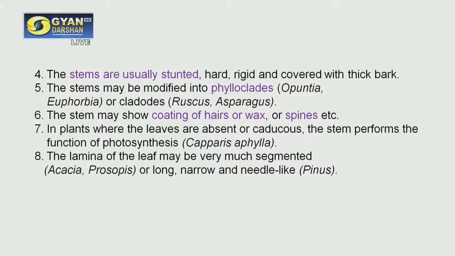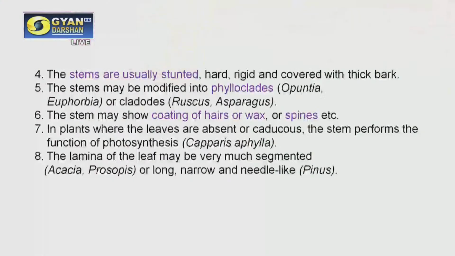So how is this compensated? Either the number of leaves will increase because the surface area of the leaf is reduced, or the stem should take the function of the leaf. And the stem should modify itself into a green leaf-like structure which can take up the function of the leaf, because it also has to minimize transpiration.